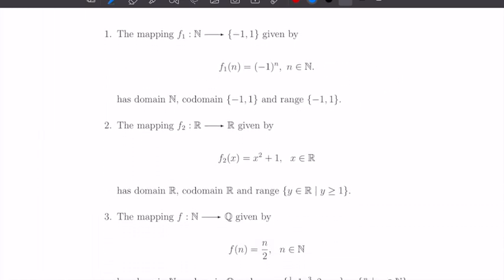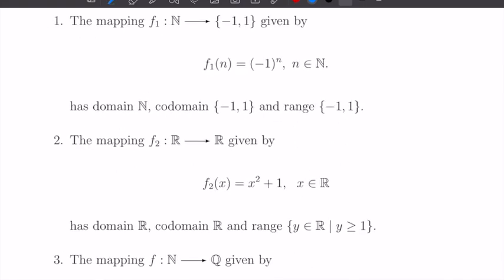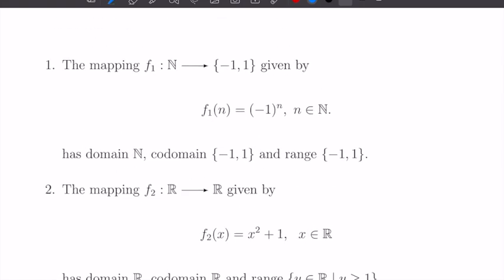Here are some more examples of mappings. Let's say we define a mapping F1 from natural numbers to a set of two numbers, -1 and +1, given by this. So this n comes to the exponent.